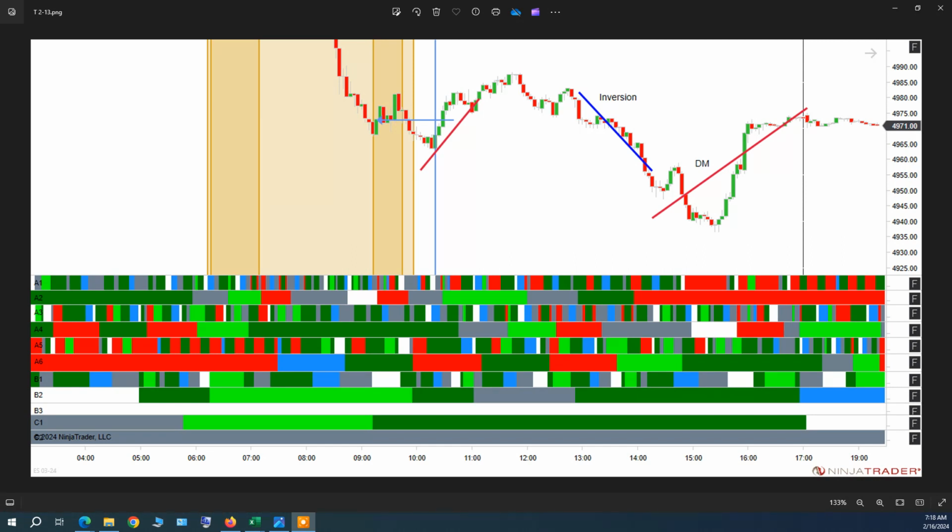Generally we're going to get an uptrend here, but we were being pulled down by the white B3 window as the market was looking for a low. Then in the last period that day, we had the primary double move planet.